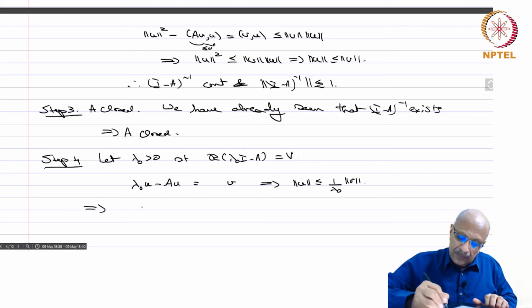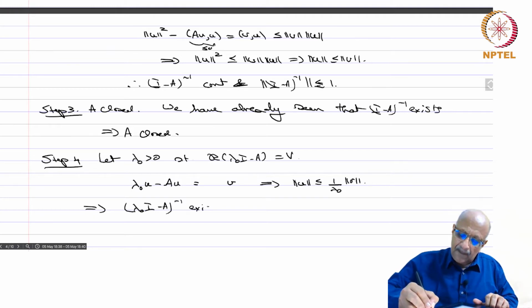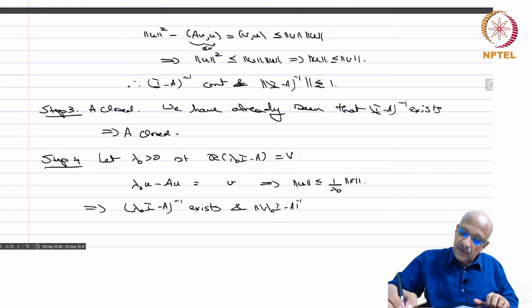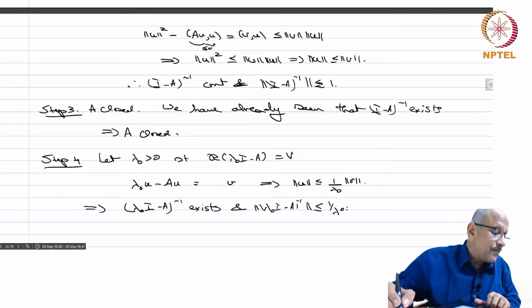So, this implies that (lambda naught I minus A) inverse exists and its norm is less than or equal to 1 by lambda naught.